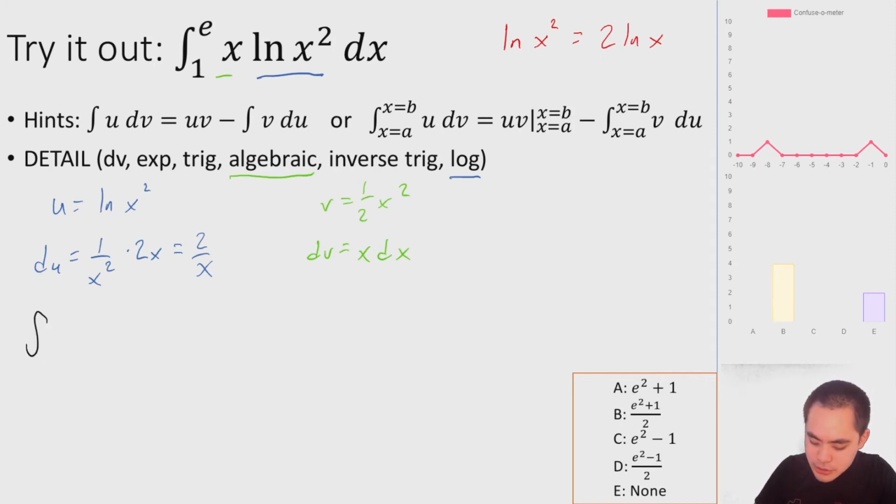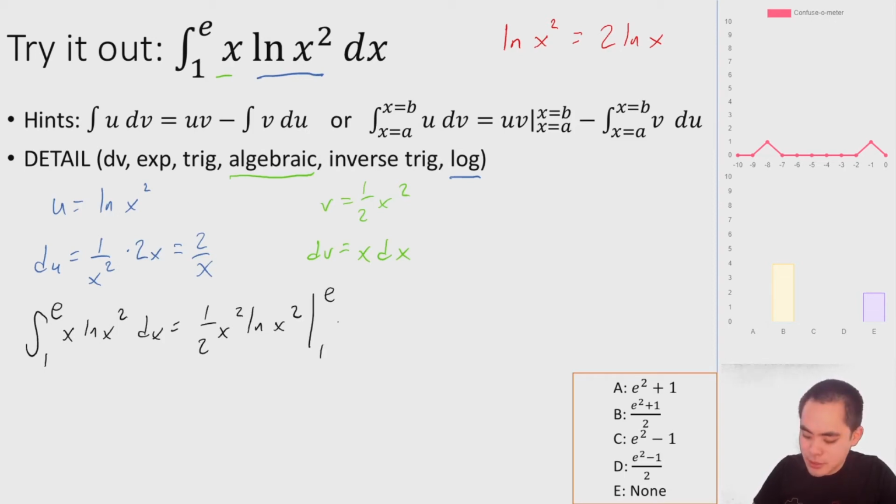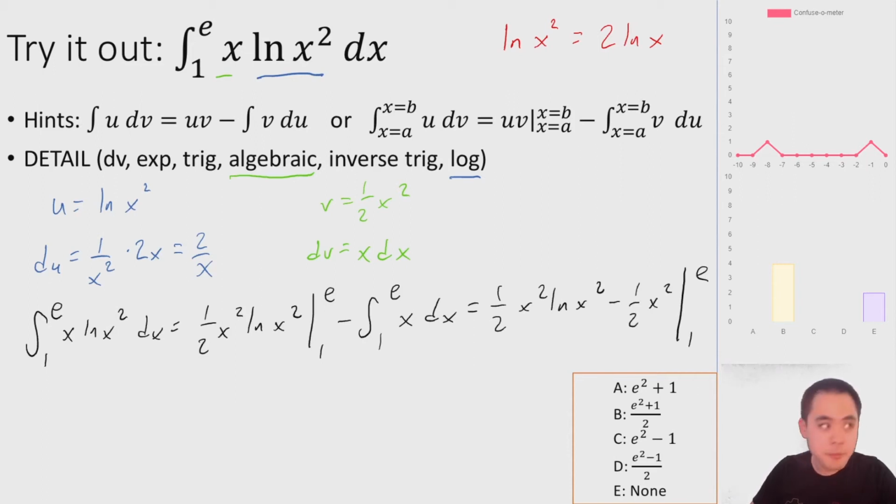So the first thing is this is the integral from 1 to e of x ln of x squared dx, which is equal to, well, by integration by parts, this is 1/2 x squared ln x squared from 1 to e, minus the integral from 1 to e of x dx. So that's equal to 1/2 x squared ln of x squared minus 1/2 x squared, all of this from 1 to e.